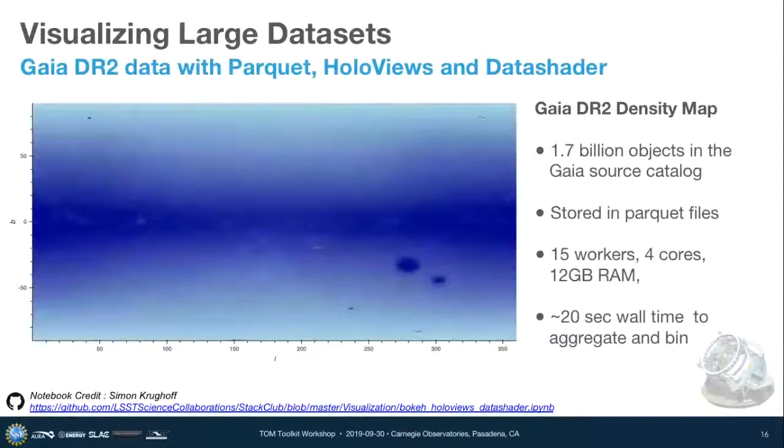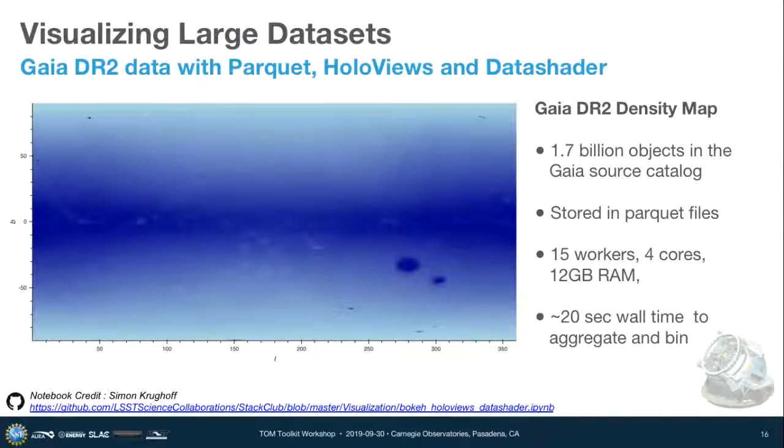So as a peek at the technologies that we are looking at for doing that, the use of these community tools I mentioned before, HoloViews and Datashader, now extended with the high performance tabular data format called Parquet, and the use of the Dask tool for distributing an analysis over many workers.